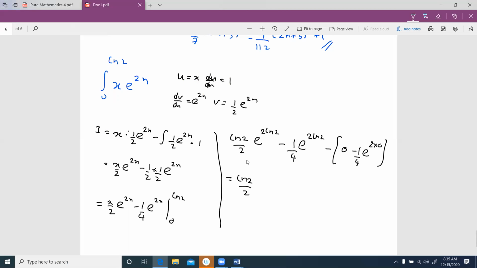Just put it in the calculator and you can understand that this turns up to 4. 4 minus 1 over 4 into 4. Minus this turns up to plus 1 over 4, e to the power 0 is 1. So this turns up to 2 ln 2 minus 1 plus 1 over 4. So the final answer is ln 2, 2 ln 2 is ln 4, minus 3 over 4 is the final answer for that. That's a way of doing this question. Right. That's a way you can do this kind of question.